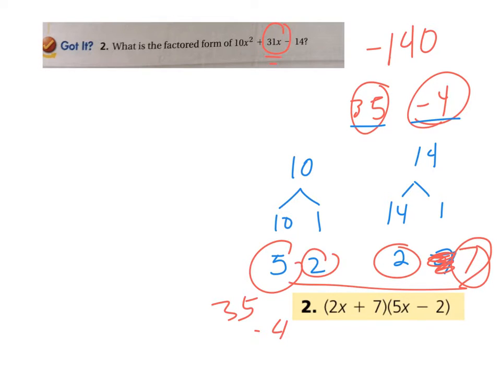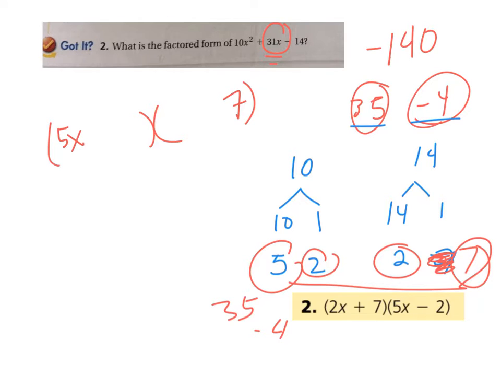So that means when I write this out, I need to make sure that the 5 multiplies by the 7. So in order to create that 35, the 5 and 7 have to be on the outside of each other, or both on the inside, I guess, if you looked at it that way. So I'm going to say I need 5x and a 7.